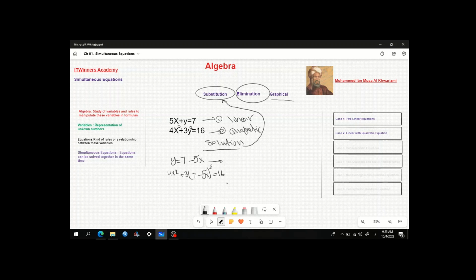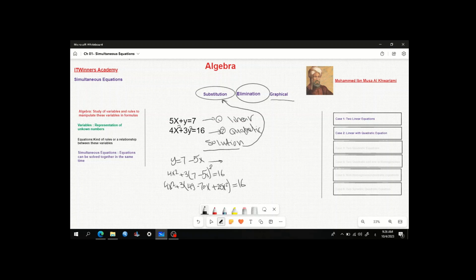So let's write 4x squared plus 3 times this bracket squared. I can write 49, the square of 7, minus 70x, which is 7 by 5 squared, plus 25x squared equal to 6.